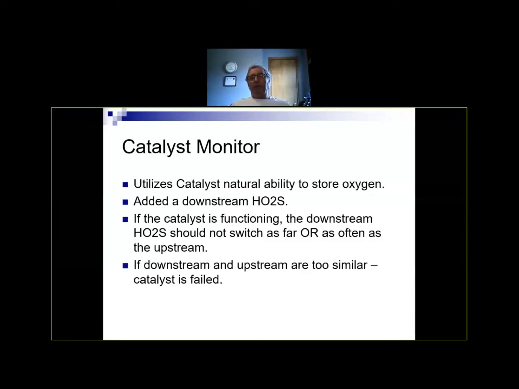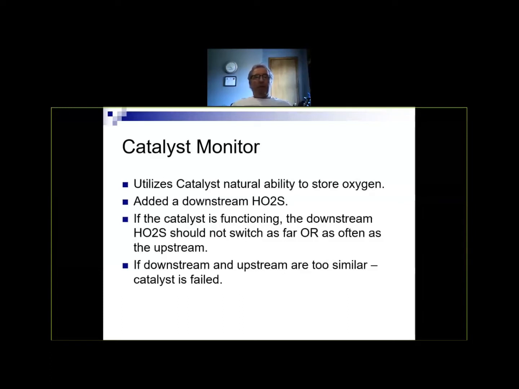If there's a time when the oxygen content in the exhaust is low, the catalytic converter will release that oxygen like squeezing the sponge. So if you're looking at the oxygen content in the exhaust in front of the catalytic converter, it may be going excess oxygen, then a lack of oxygen, then excess oxygen. In other words, it's varying a lot.